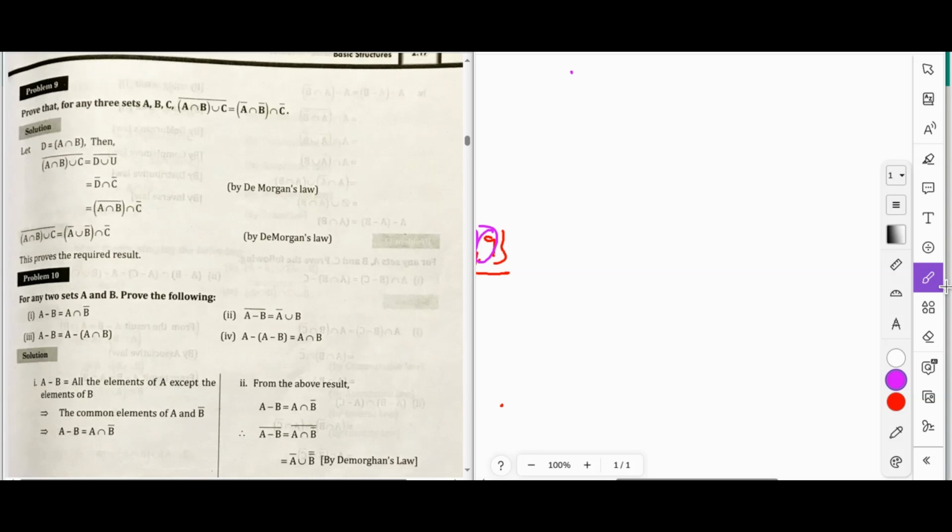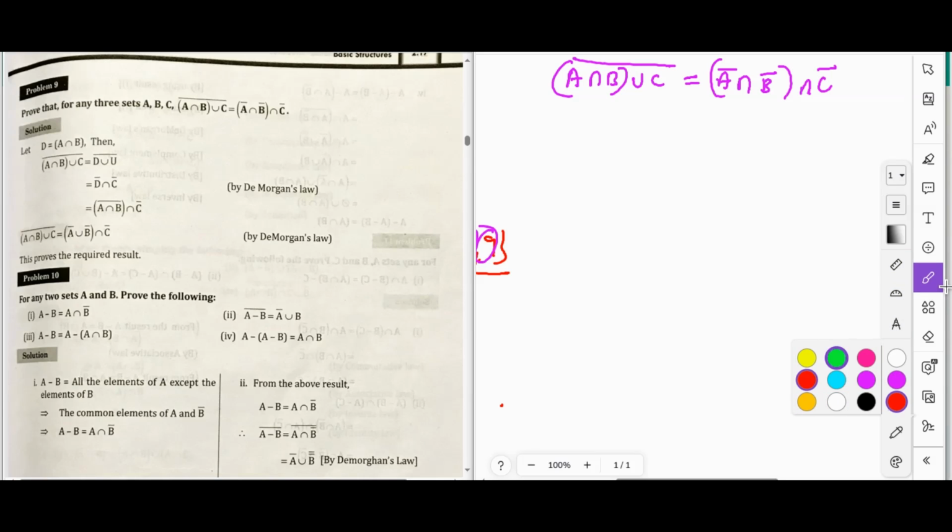In the earlier video, there it is: (A intersection B union C) whole complement equals A dash intersection B dash intersection C dash. So let us take LHS to prove.